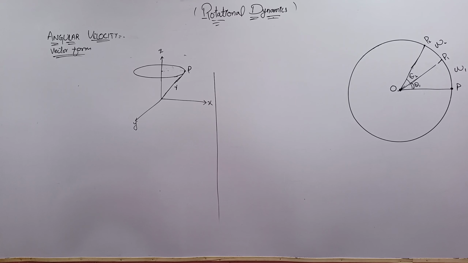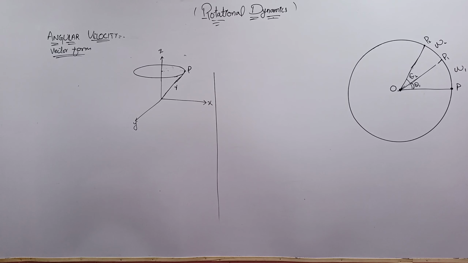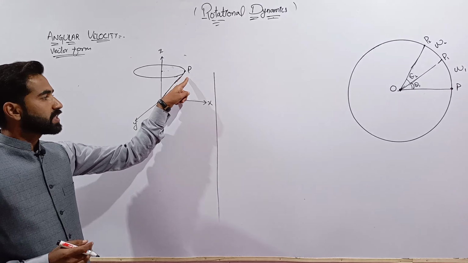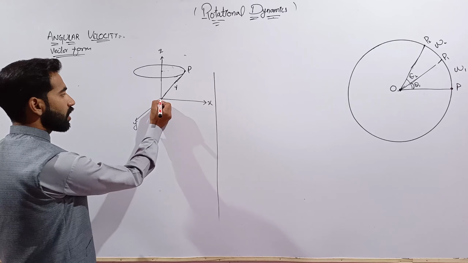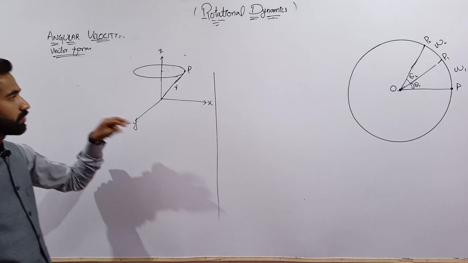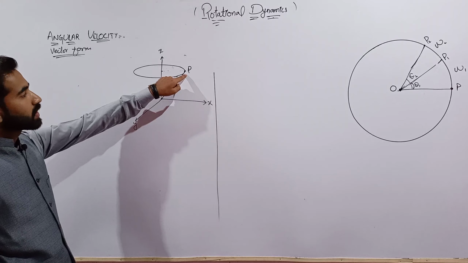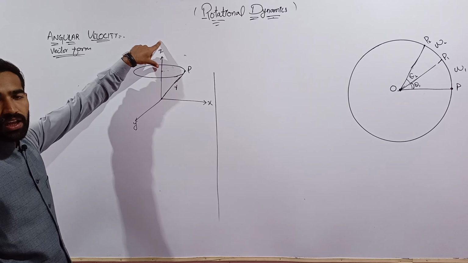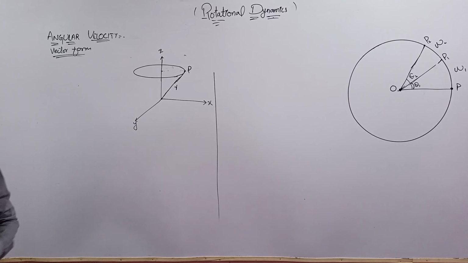Students, now we discuss the vector form of angular velocity. Consider a three-dimensional case and suppose that point P is located at a distance r from the origin, and that point P is revolving or rotating about the z-axis, in the xy plane.